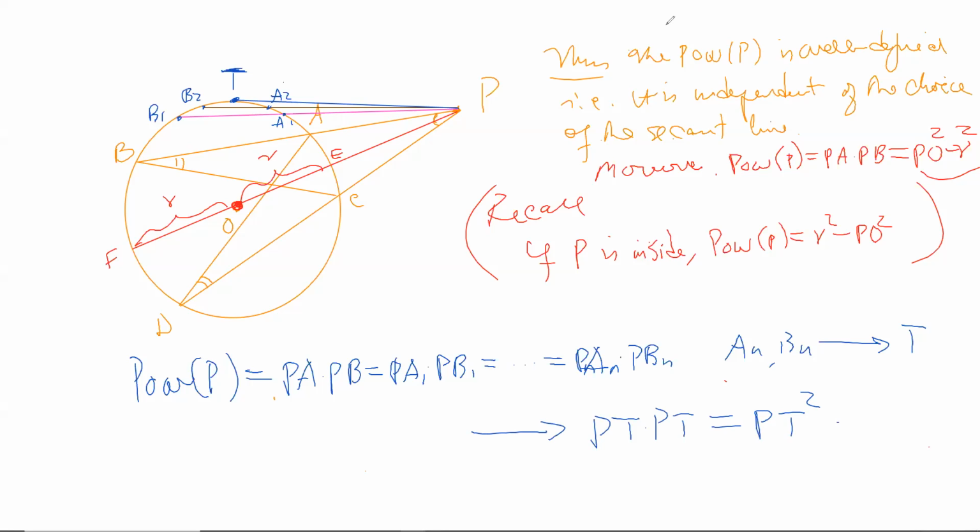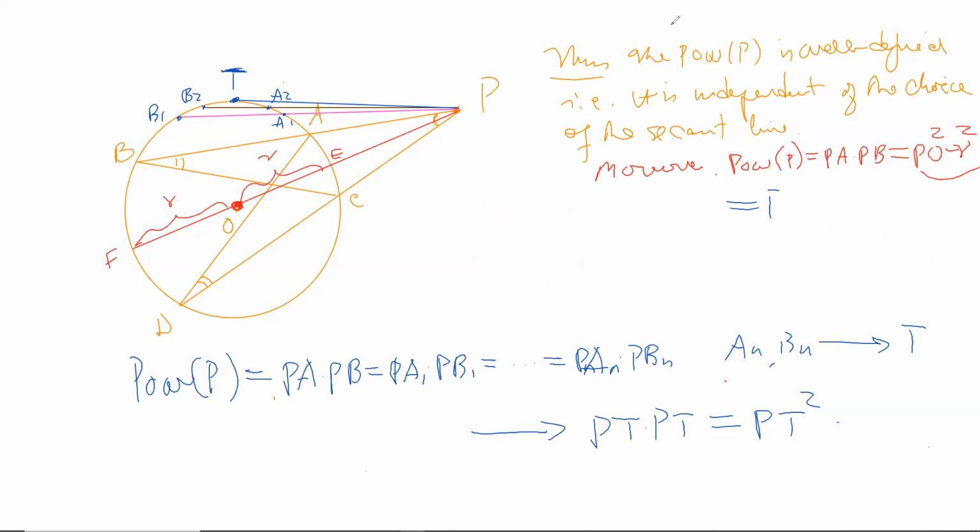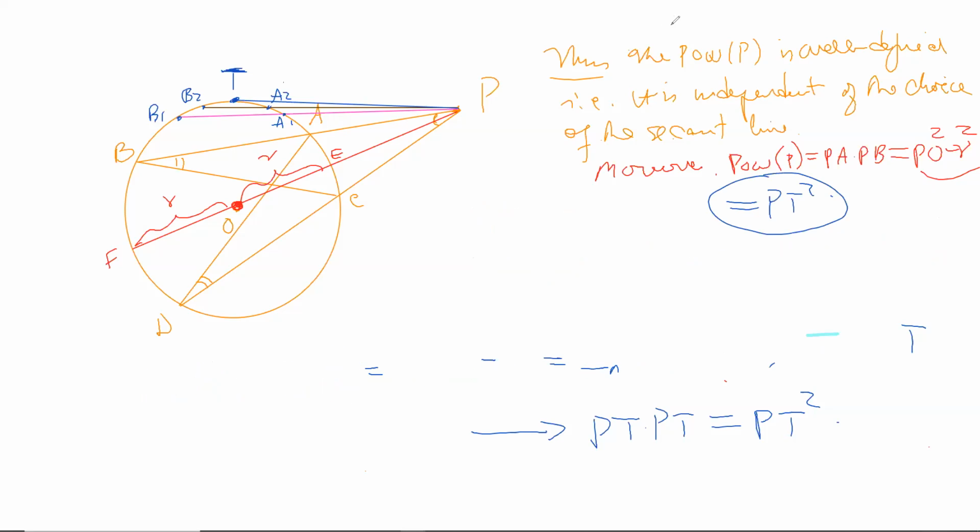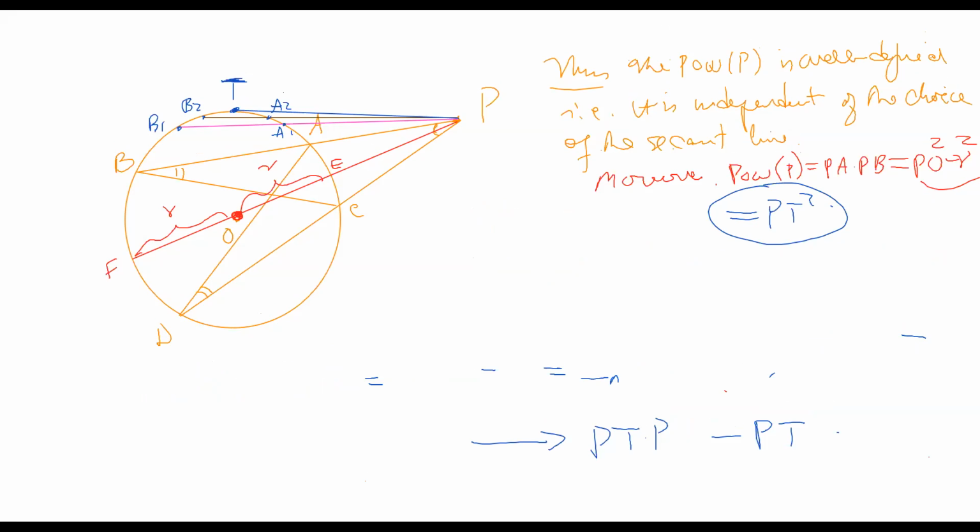So therefore PT square should be equal to the power of the point. So this is the third part of the theorem, that is, moreover, this is equal to PT square. To prove it exactly equal, we have to do an additional argument here. So we want to prove this additionally.